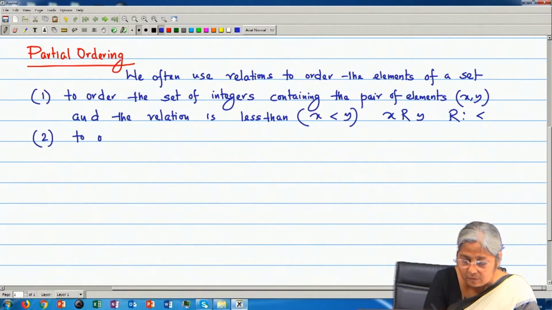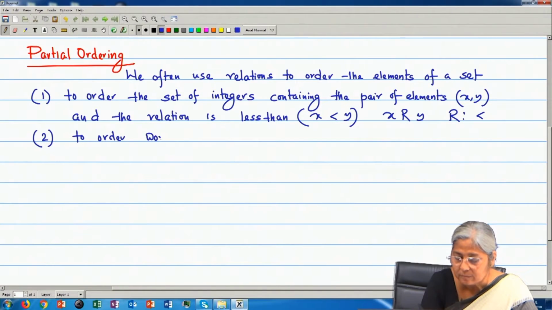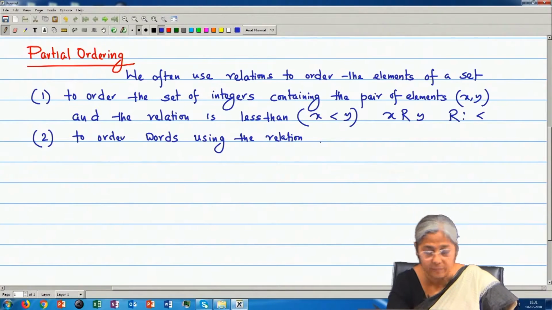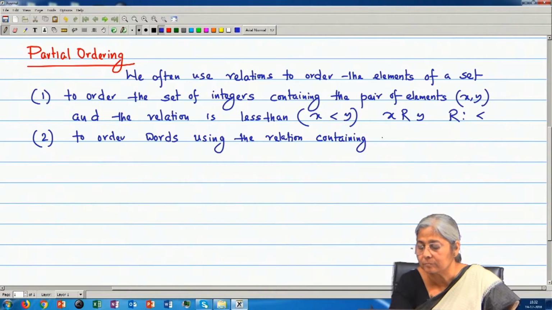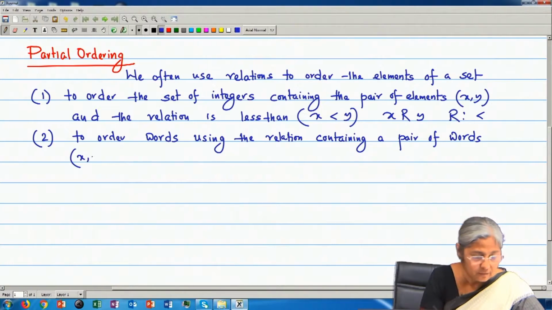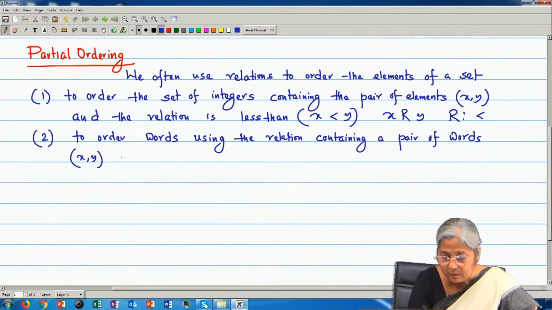So, another example is to order words using a relation containing a pair of words, say x, y, when x comes before y.